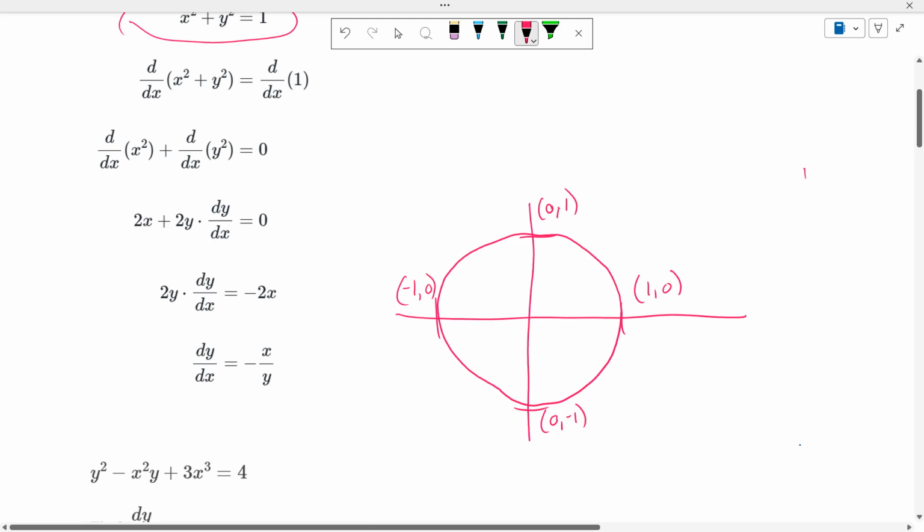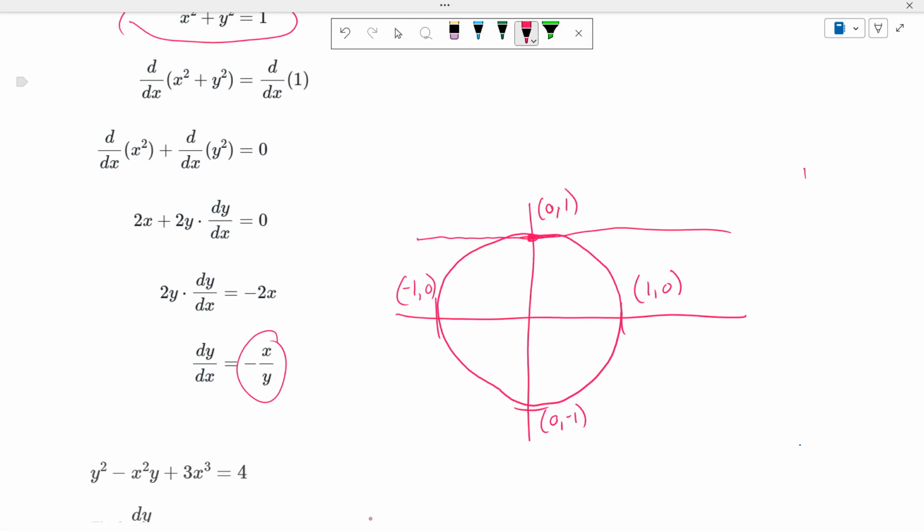No matter where we're at, our slope is going to be negative x over y. So right here, what's our slope going to be? What's our slope of the tangent to this function? 0, right? Negative x over y, 0 over 1.